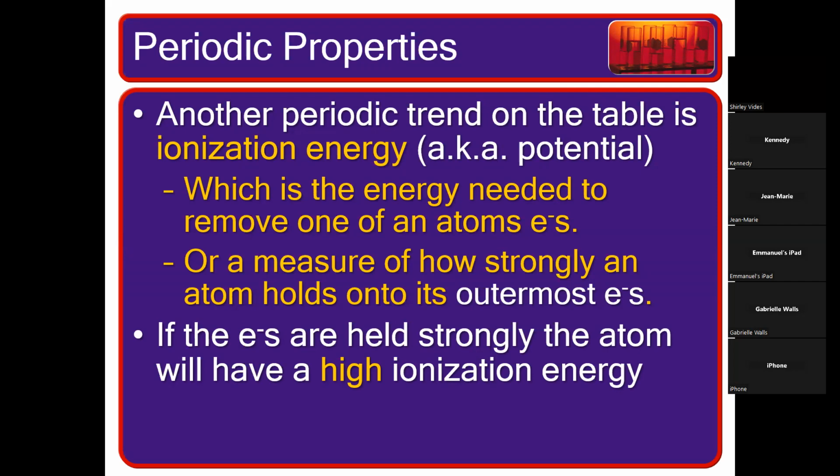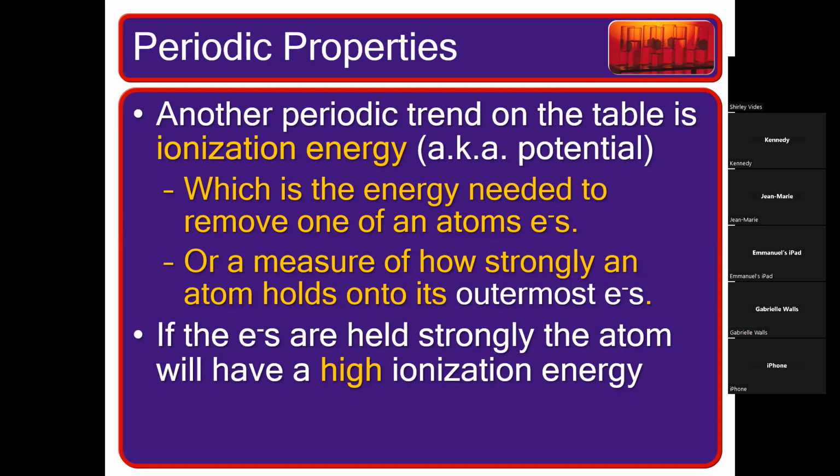Okay, so in this case, we do include the noble gases. Normally, we don't include the noble gases because they don't react. But this one is different because noble gases are already full, and they're going to be the ones that are not going to want to let go, right? So it's going to take a lot to get those electrons off of them. So they normally don't form ions. So you would have to actually force them off of there.